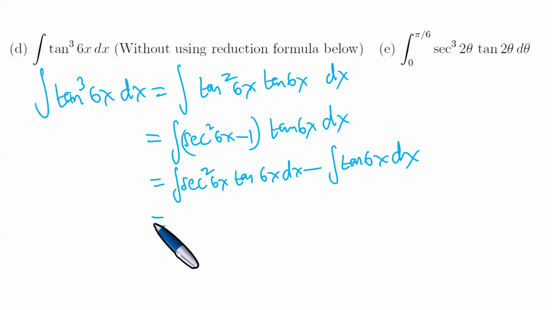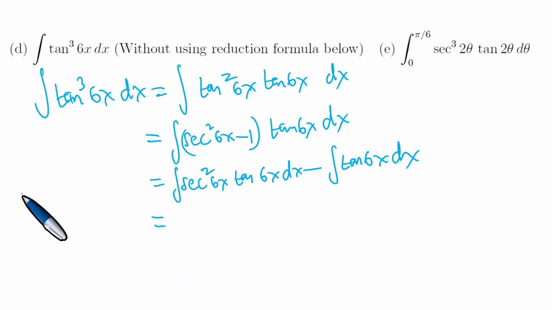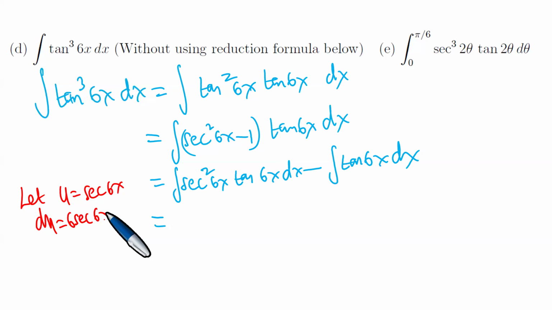All right, so now when you get to this point, for this one, you can let u be the secant of 6x. Then du is 6 times secant of 6x, tangent of 6x dx.